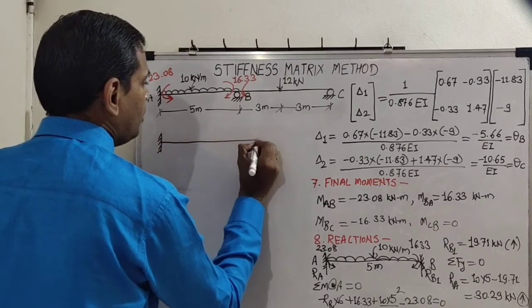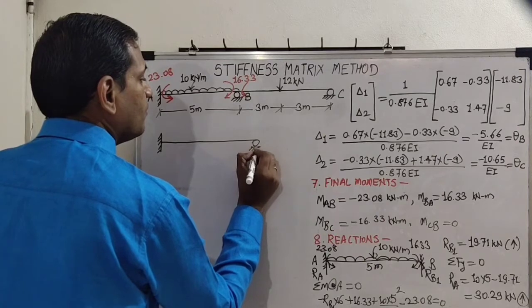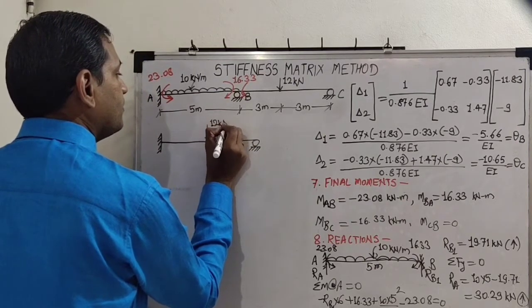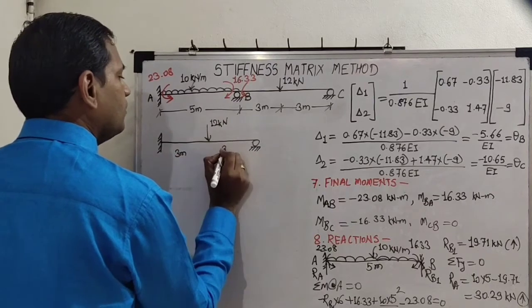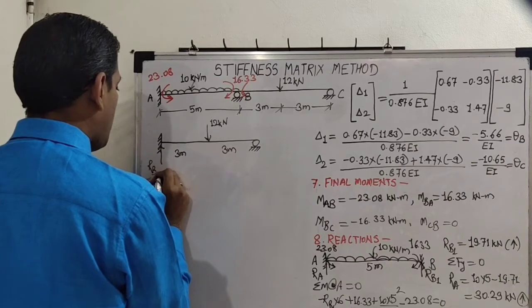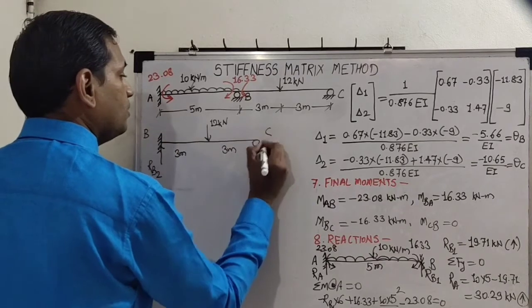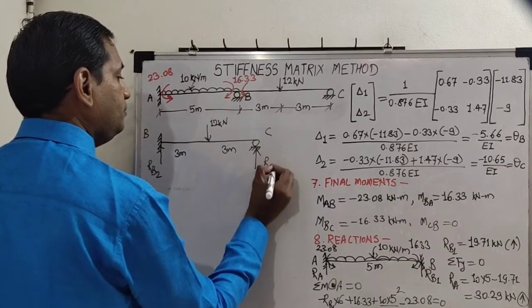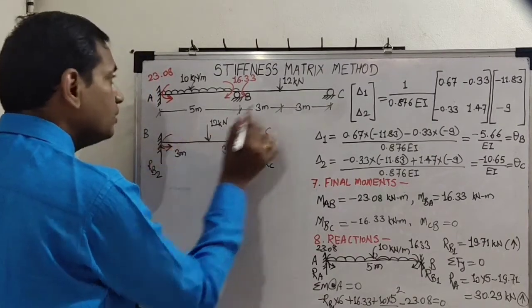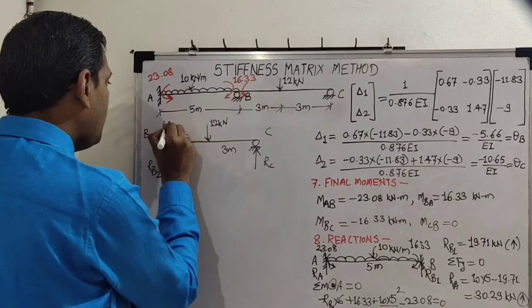One is on B, another is on C. So this reaction we shall assume RB2. This is RC. So here is the fixed end moment, 16.33 anti-clockwise.